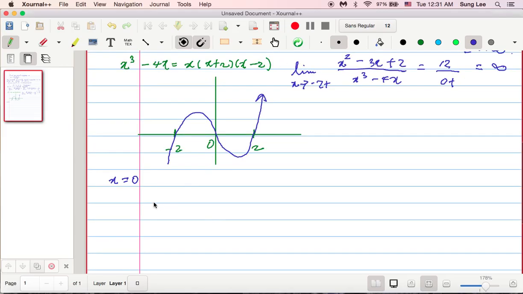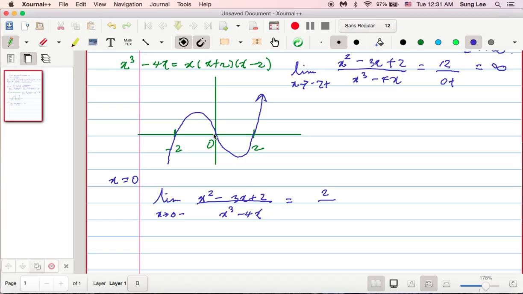So we first calculate the left-hand limit at x equals 0, right? So x squared minus 3x plus 2 all over x cubed minus 4x when x approaches 0 from the left. So top part, that's easy. 2 over now bottom part, to see what's going to happen to the denominator, right?